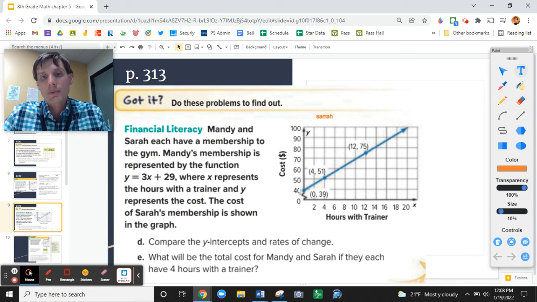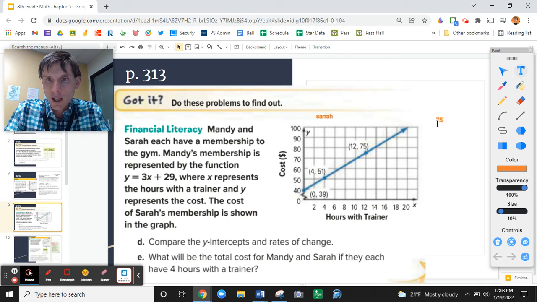Okay. What seems to be our rate of change? Well, we have 3 different points marked on here. So when we have those exact points, we'll have to use those points to figure out that rate of change. So let's go ahead and do these 2 here. If we're trying to find that rate of change for Sarah, we have 75 minus 51, right? Remember, that's our rate of change, change of y over change of x.